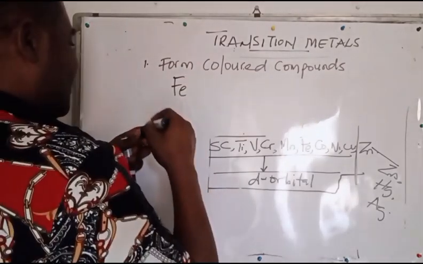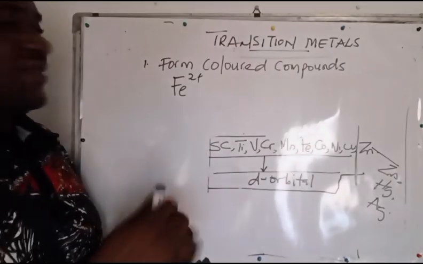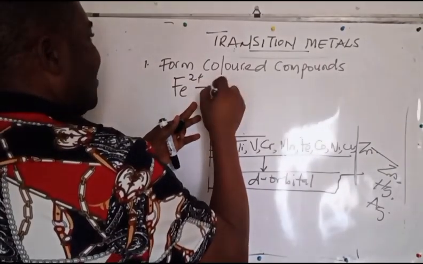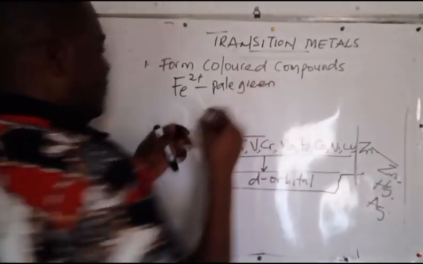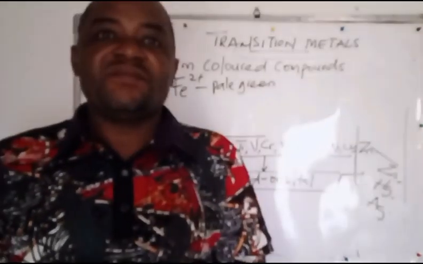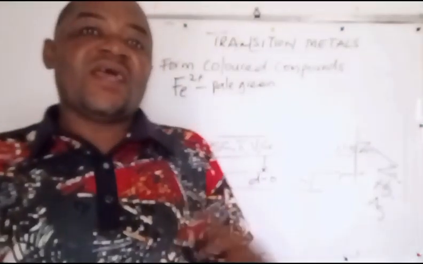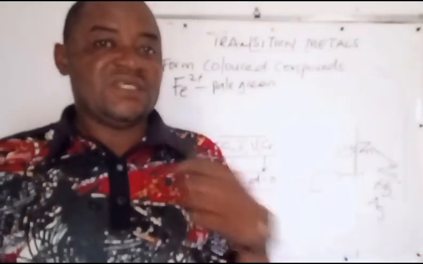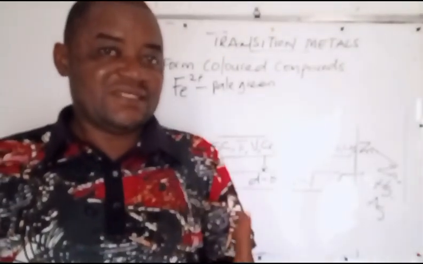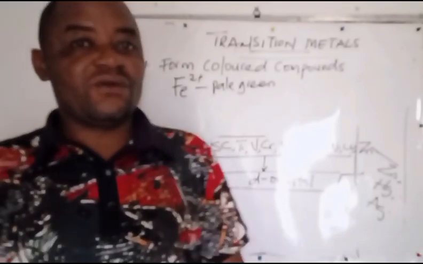Iron in the +2 state has a pearl green color. It means that in the +2 state, if it is anhydrous, with no water of crystallization, you will have a solution that comes with a pearl green color.